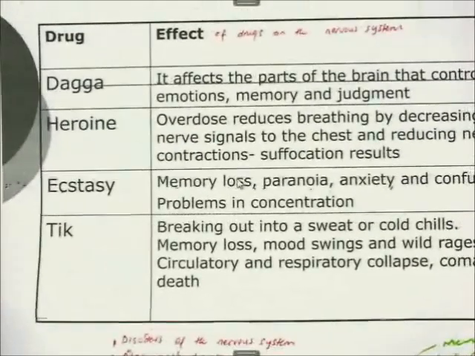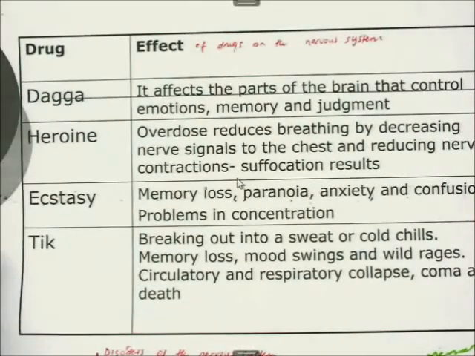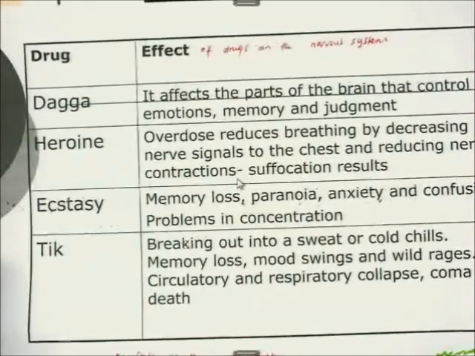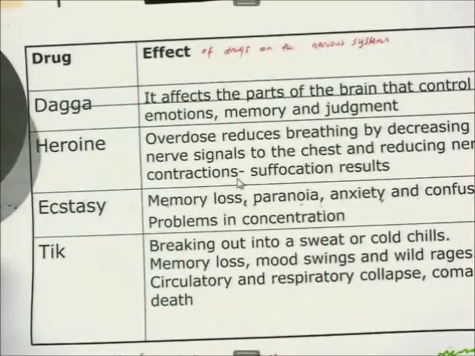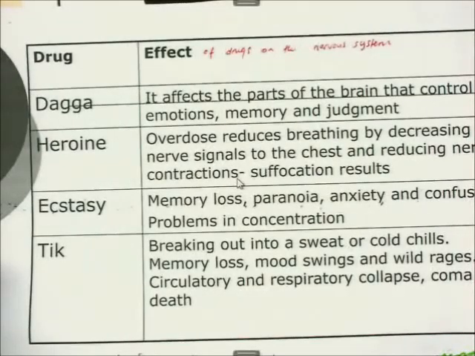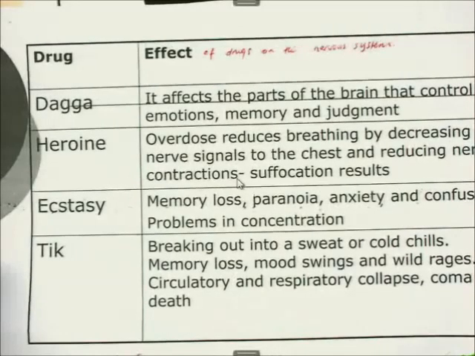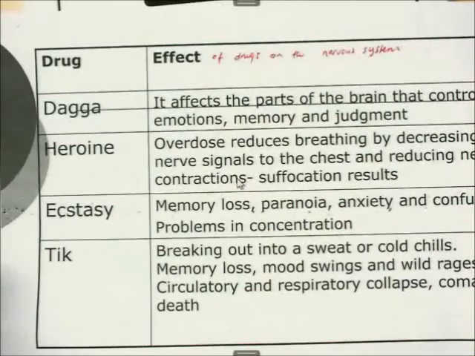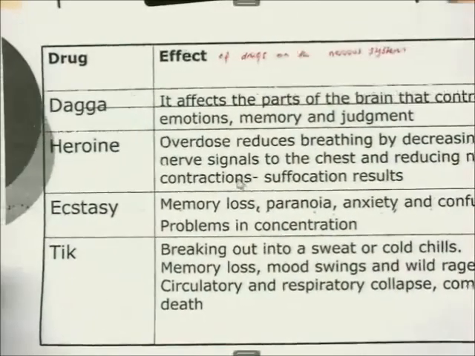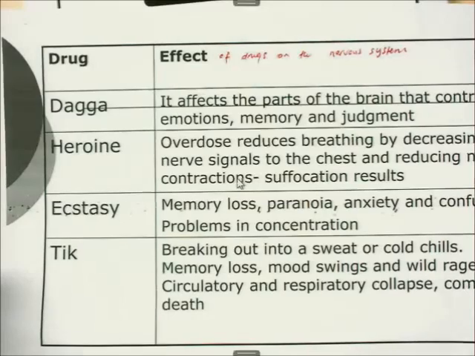Last but not least, let us now talk about the effects of drugs on the nervous system. Drugs are not good. They do impact negatively upon your nervous system. They can make you ill. So if you don't get any treatment, you might end up dying. Drugs are not good because they make one dependent on them.